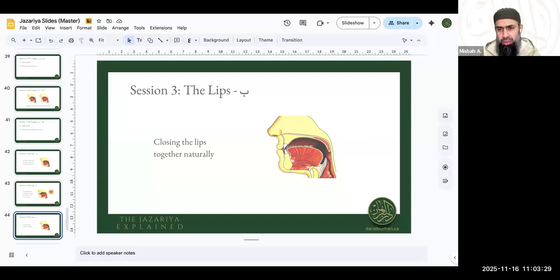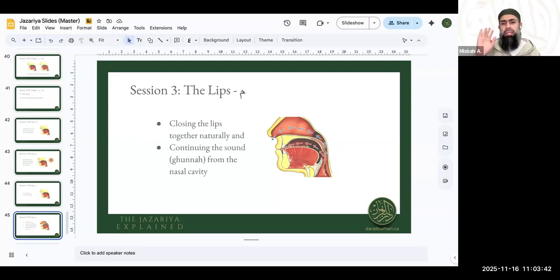This is where the point of production is. You'll have some pressure, a little bit, when you want to produce the sound, of course. But the articulation point is the lips closed together. Then finally, we have meem. Meem is like ba, in that the lips are closed naturally together.